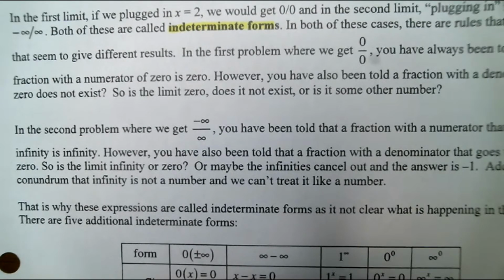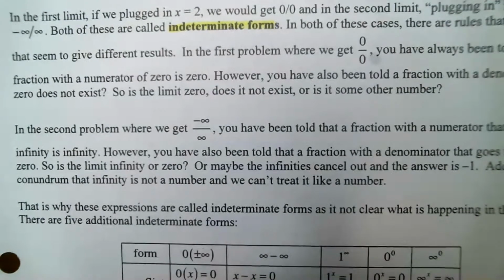There are 5 additional indeterminate forms. 0 times plus or minus infinity, and you can kind of see the conflict with this. Infinity minus infinity. Well, x minus x is 0, but infinity is not a number. 1 to infinity. Well, 1 to the power of x is equal to 1, but x to infinity is infinity.